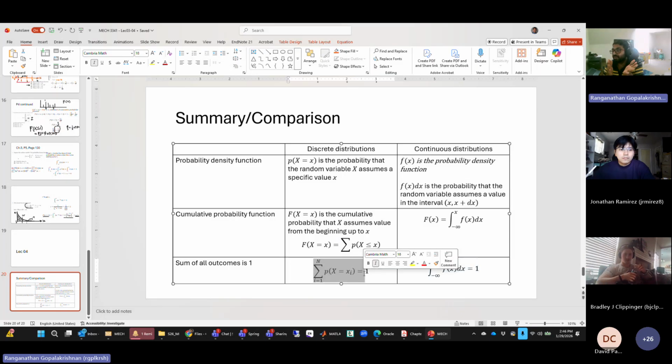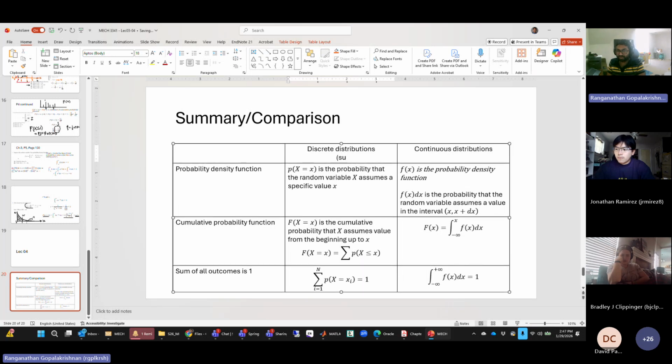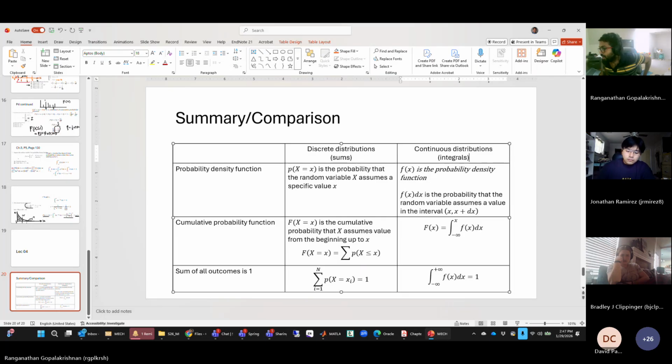And in fact, everything that we say or a concept that we define, it's true for both types of distributions. They just have slightly different mathematical notation. It's like saying discrete distributions are written as sums, whereas continuous distributions are written in terms of integrals, which are kind of convertible. Okay, can we continue? This is sort of the summary until so far.